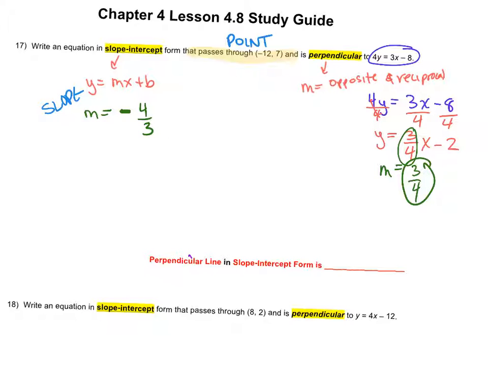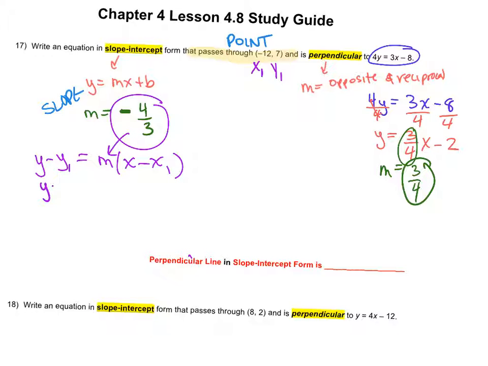Very good. What is point slope formula? y minus y1 equals m times x minus x1. I know that my m is negative 4/3. I know that my x1 is negative 12, and I know my y1 is 7. So when you plug those in, you get y minus 7 is equal to negative 4/3 times x minus negative 12.